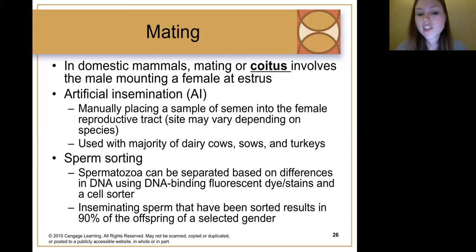So this has actually been used to sort gender. You can inseminate sperm that have been sorted, which would result in 90% of the offspring of a selected gender. So that's kind of cool if for some reason you really needed more of one gender than another. I can't imagine that that's very cheap. So I don't know how often that would actually be used, but it is something that is available.